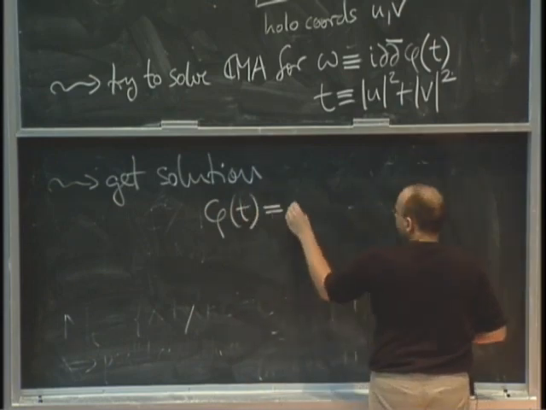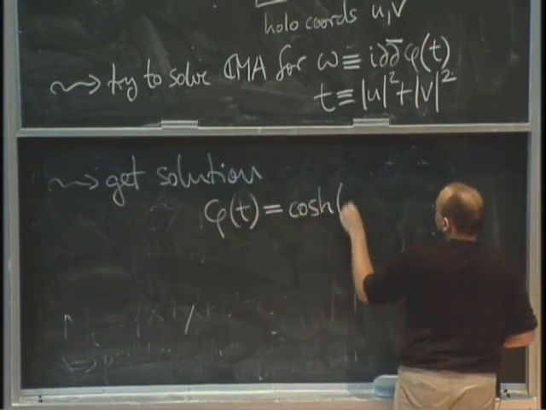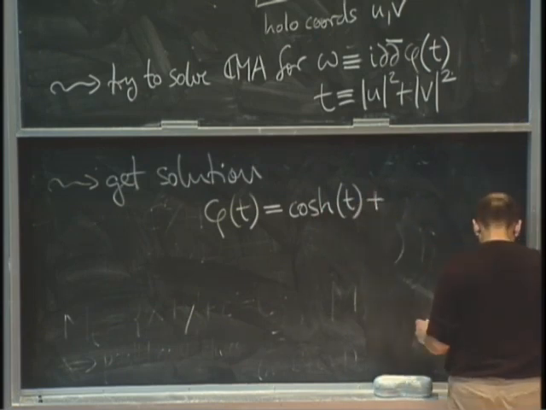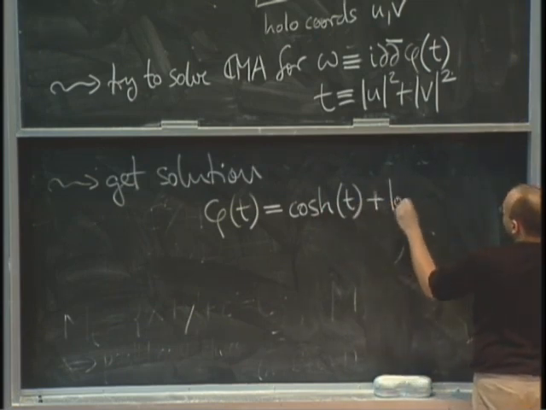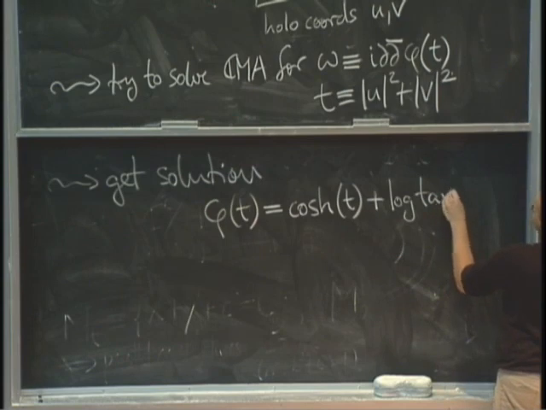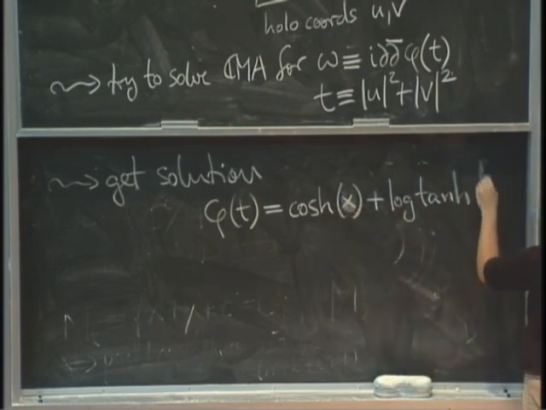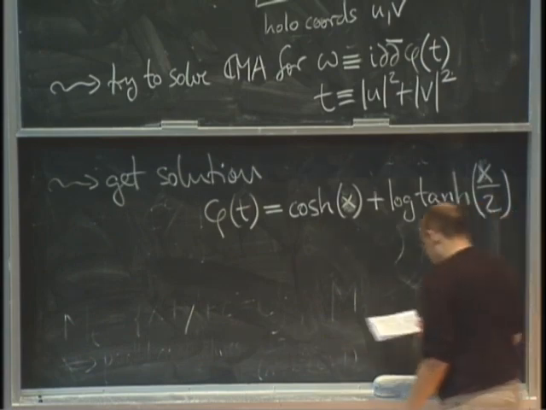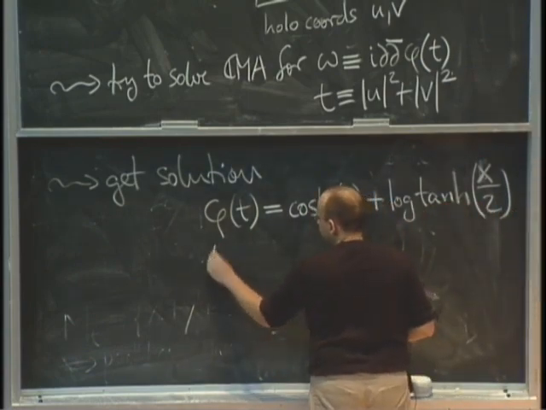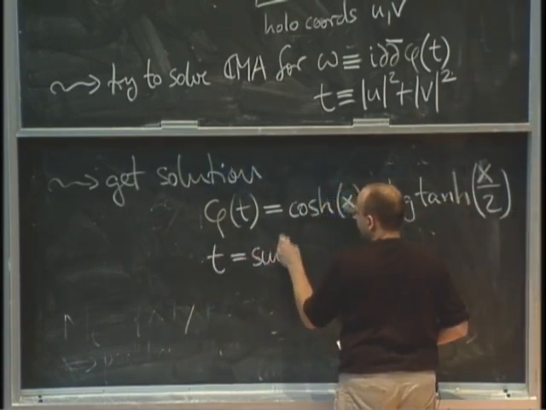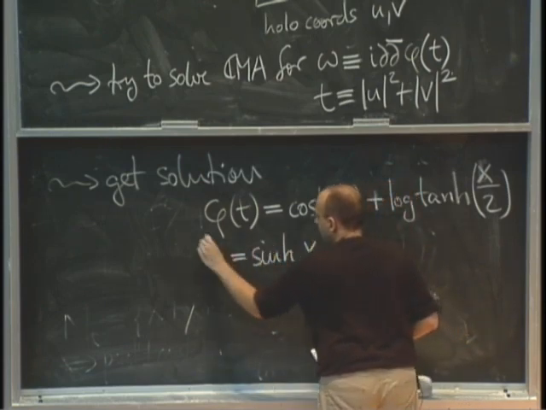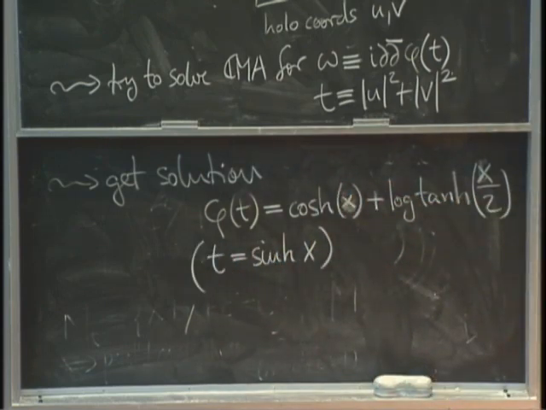It's going to be cosh t plus log tan of x over 2, where t is sinh x. It's a solution in this picture.